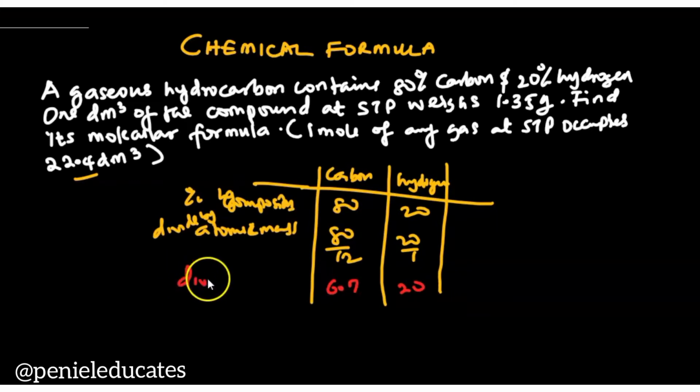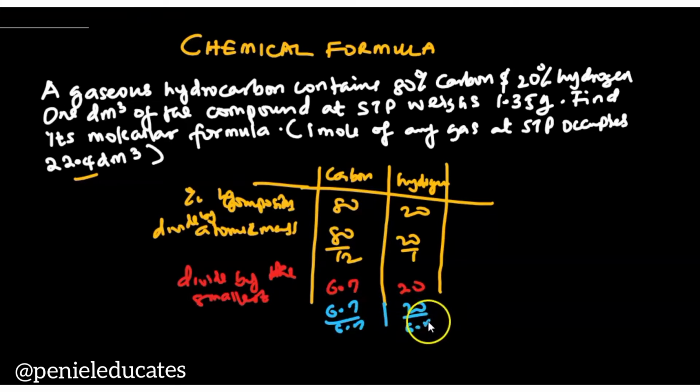So we divide by the smallest number. The smallest number is here, so I do 6.7 divided by 6.7, then 20 divided by 6.7. Once you do this, carbon gives 1, and hydrogen gives 3.